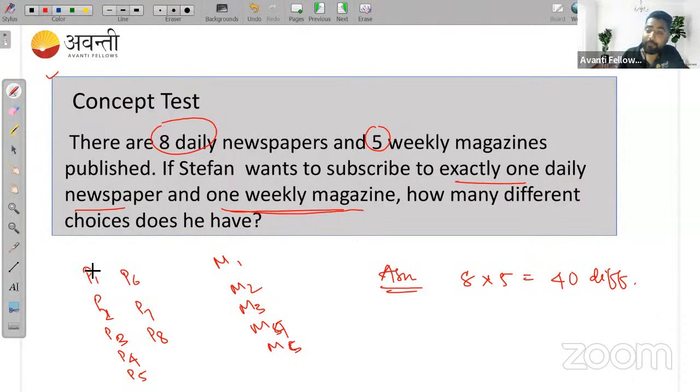So for P1 we are getting 5 ways of selecting one newspaper and one magazine. For P2 also we are getting 5. In this way, the total number of ways will be 8 into 5. For P1 we get 5 ways, for P2 we get 5, so 8 into 5, that is 40 different ways. I hope this is clear to everyone.